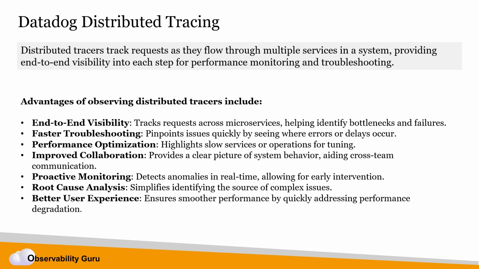You have to understand what your code is doing, and typically code has different methods and different areas, so we want to know in and out exactly what that particular code is doing. That's what we call end-to-end visibility, and that's what we're going to achieve as part of tracing.